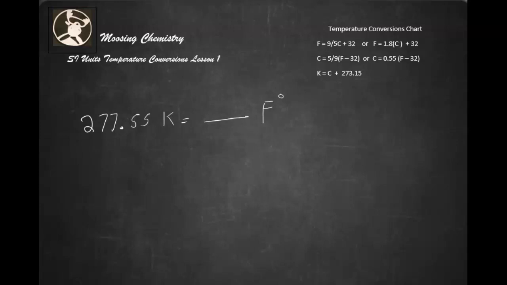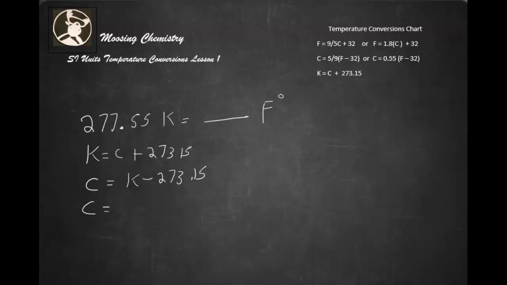So we're going to start off with this first. K equals C plus 273.15. But we're going to have to change the formula into Celsius. So Celsius equals K minus 273.15.